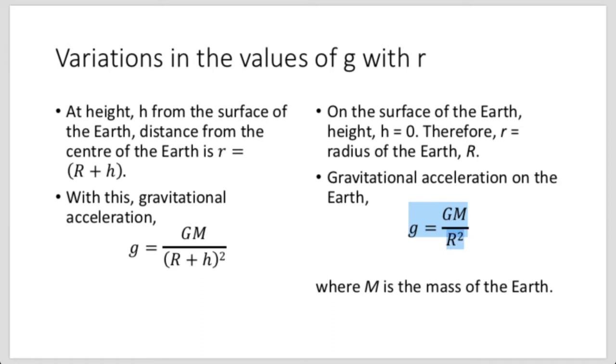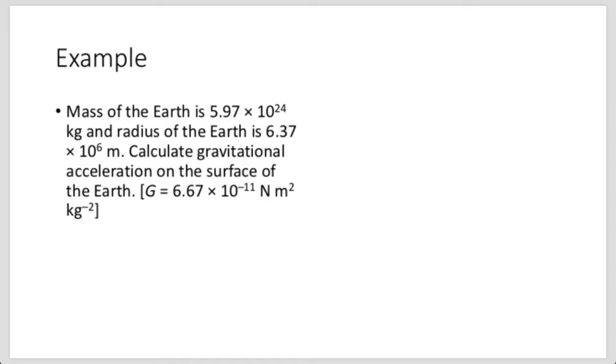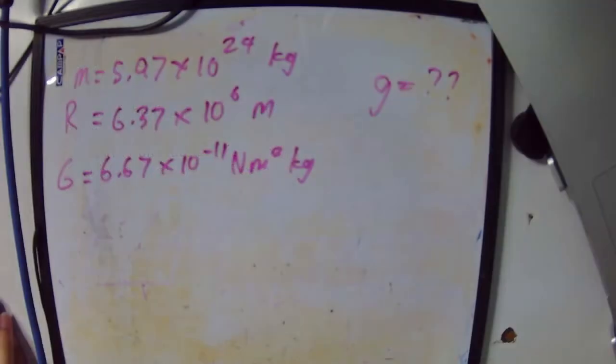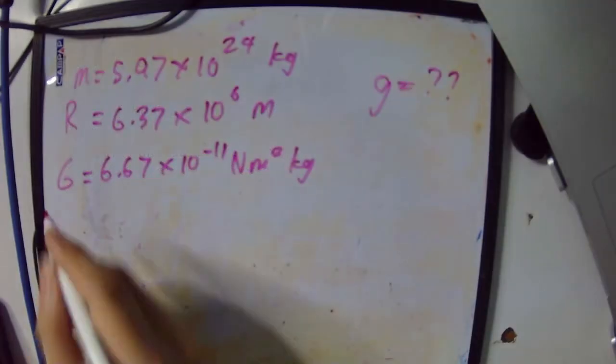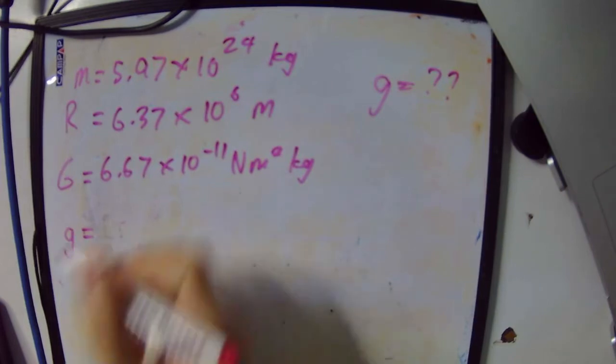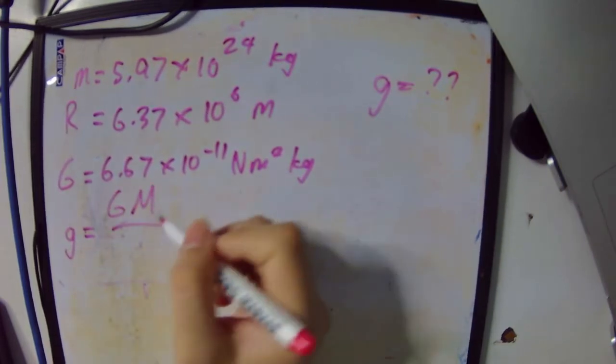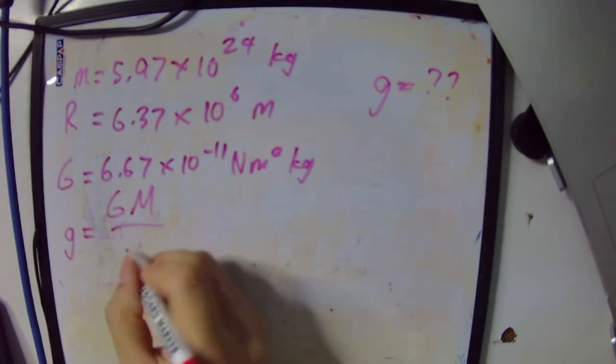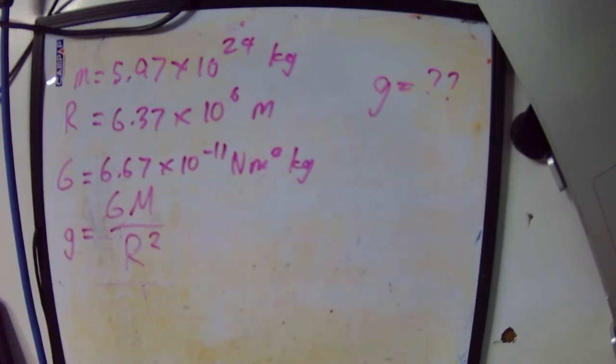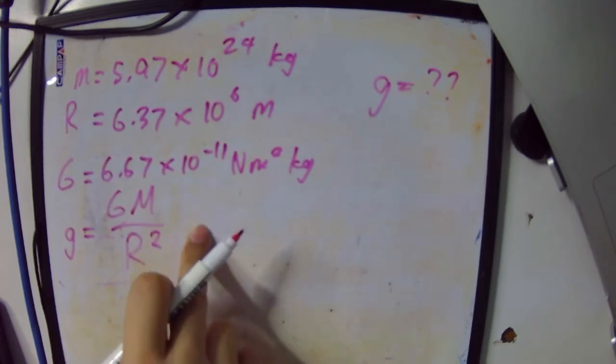So g equals capital letter G times mass over R square. So going back to the question, let's write down the correct formula. So small letter g equals capital letter G M over r square. So this is the formula that we're going to use.